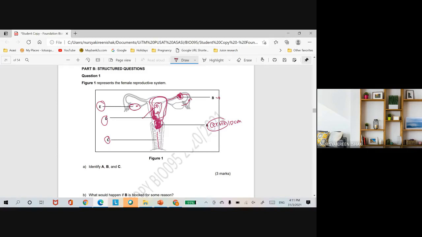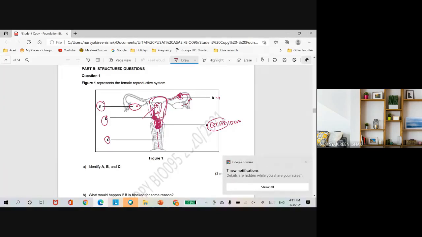Okay. So when the secondary oocyte cannot reach the uterus, obviously sperm cannot reach the secondary oocyte for fertilization to occur. So this will prevent fertilization from occurring. That can be one of your points: sperm cannot reach the secondary oocyte, 1 point.